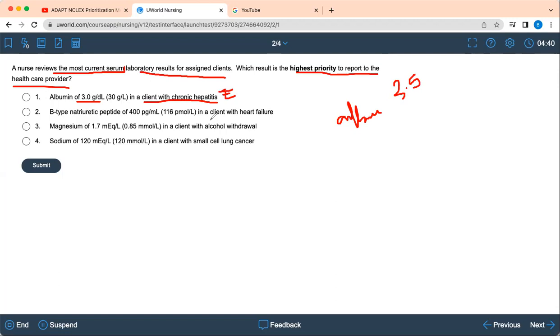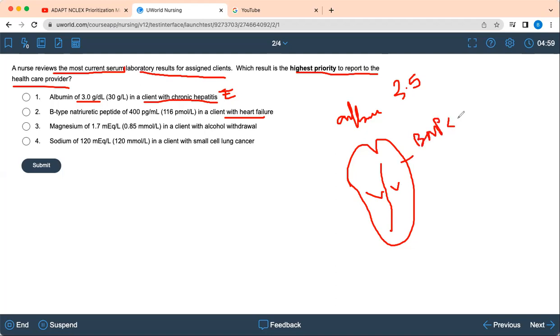BNP of 400 in a client with heart failure. So when you have heart failure, you have a big heart like that. And when a heart gets bigger, it stretches and releases this hormone called BNP. Normal level is less than 100. When your level is greater than 100, we say that you have heart failure.